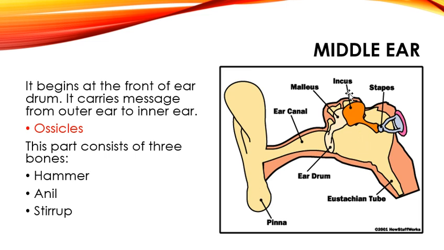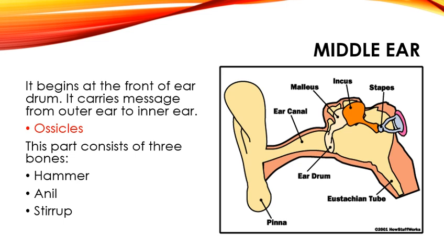The outer ear is the collector. The middle ear is known as the transformer. The outer ear collects the sound waves and then the middle ear transforms those sound waves to the inner ear for further processing. The middle ear is divided into different parts.